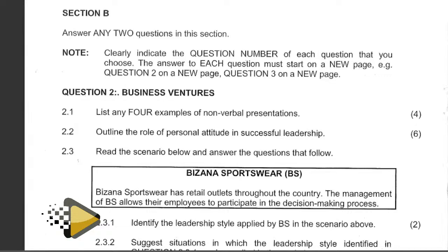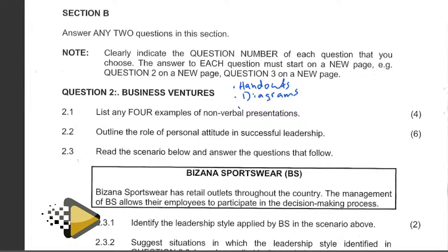So we are going to jump onto question 2.1. Question 2.1 reads as follows: list any 4 examples of non-verbal presentation. The examples that we have, number 1, we do have what we call a handout. The second one that we have is diagrams. You can do the presentation without even saying a word with the use of a diagram.